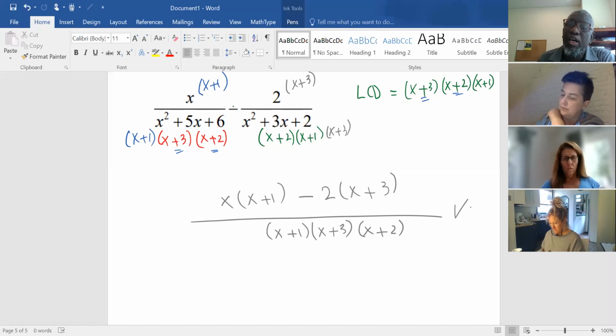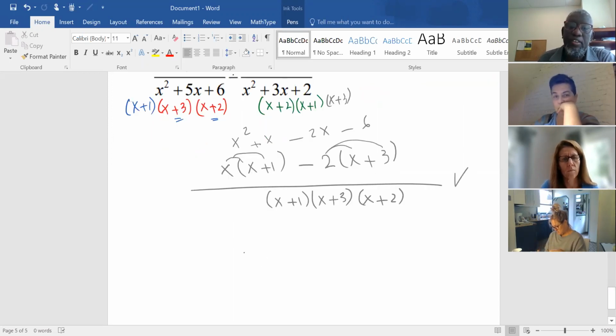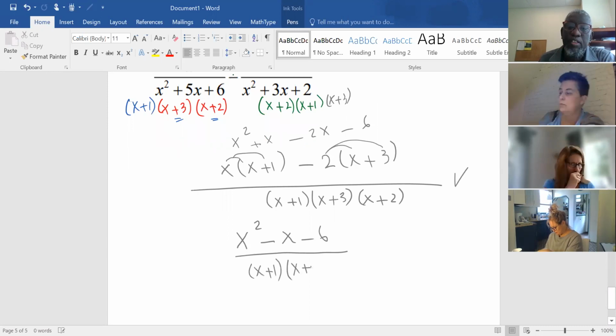So now we have just to distribute: x squared plus x minus 2x minus 6, which is x squared minus x minus 6 over x plus 1, x plus 3, x plus 2.